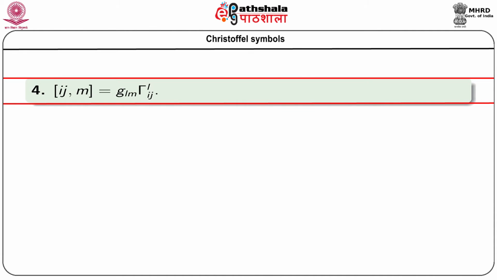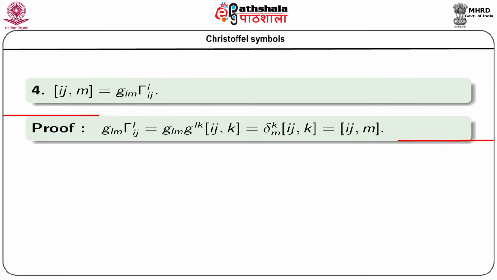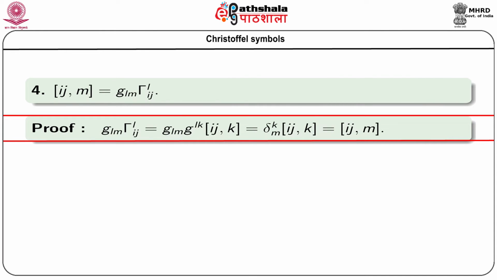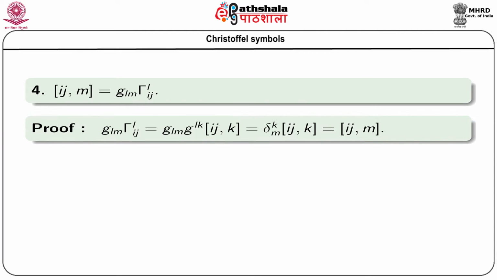The fourth one is again the relation between the Christoffel symbol of first kind and the Christoffel symbol of second kind, and we can prove it also easily. g_lm Γ^l_ij, and Γ^l_ij can be written as g^lk [ij, k], and g_lm g^lk can be written as δ^k_m.